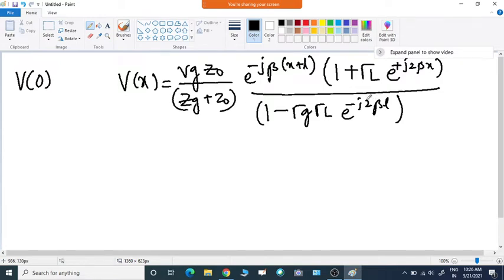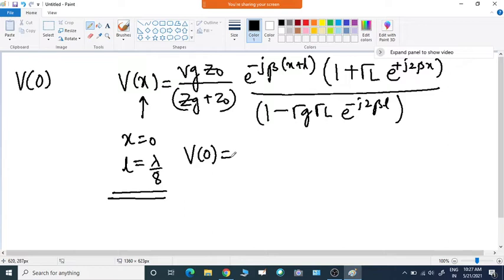So now we need to carefully see, if I put x equal to 0, what is the corresponding length? The corresponding length should be lambda by 8. So you have to put this length correspondingly, and we have to find out what is V of 0.